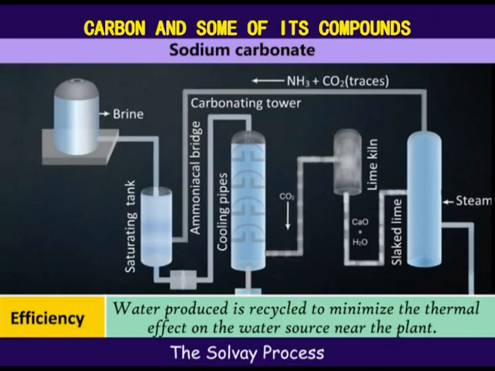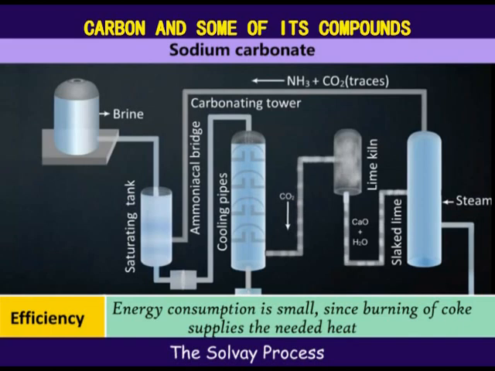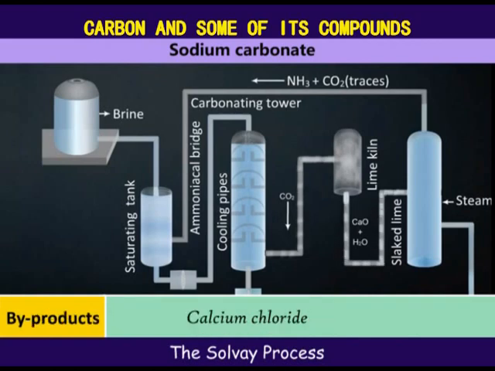The process does not involve large consumption of energy because the coke burnt in the kiln supplies the necessary heat in the process. The only byproduct in the process which is not recycled is calcium chloride, and it has a wide range of uses. The best site for the Solvay process plant should be close to a river or large source of water to cool down the carbonator.